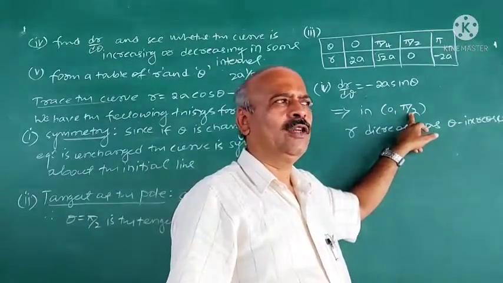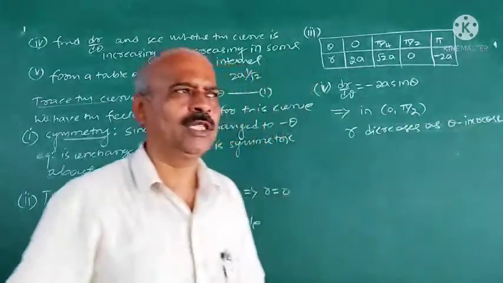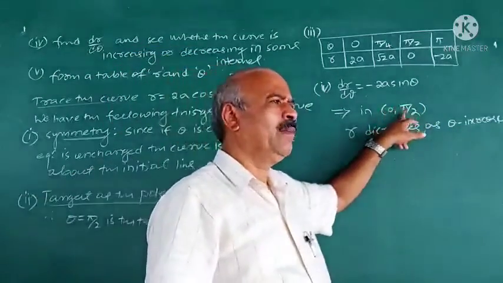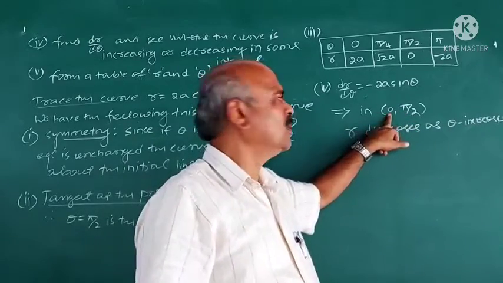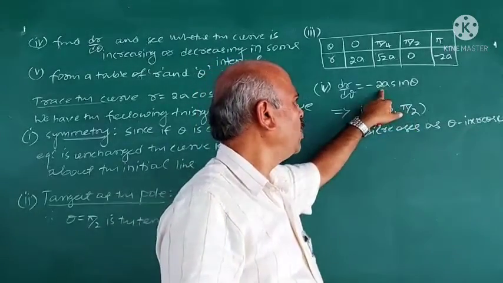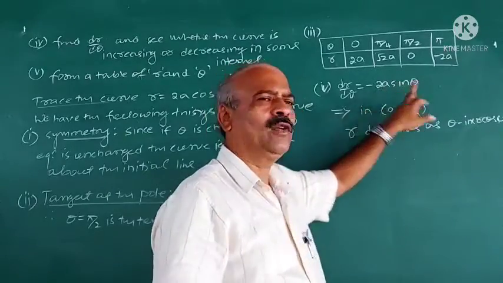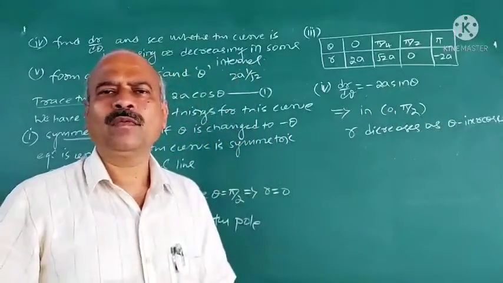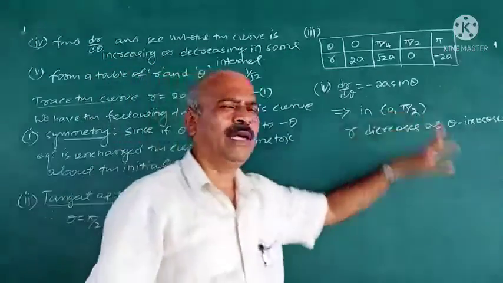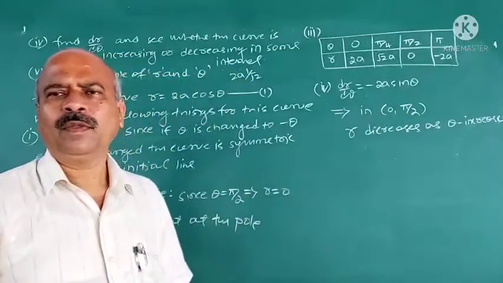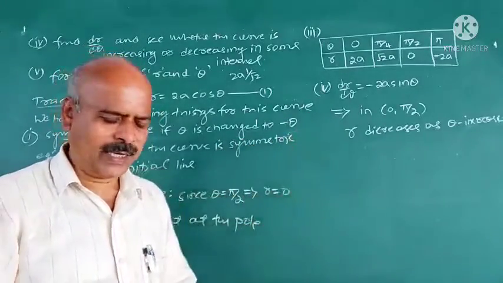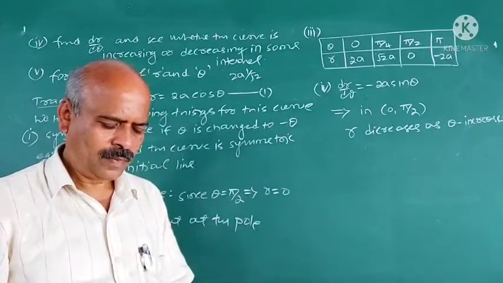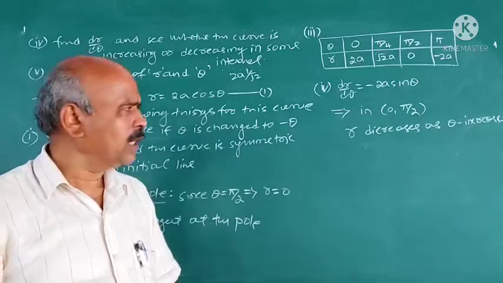We require only 0 to pi by 2 because the curve is symmetric about the initial line. In 0 to pi by 2, when theta increases, r decreases monotonically.